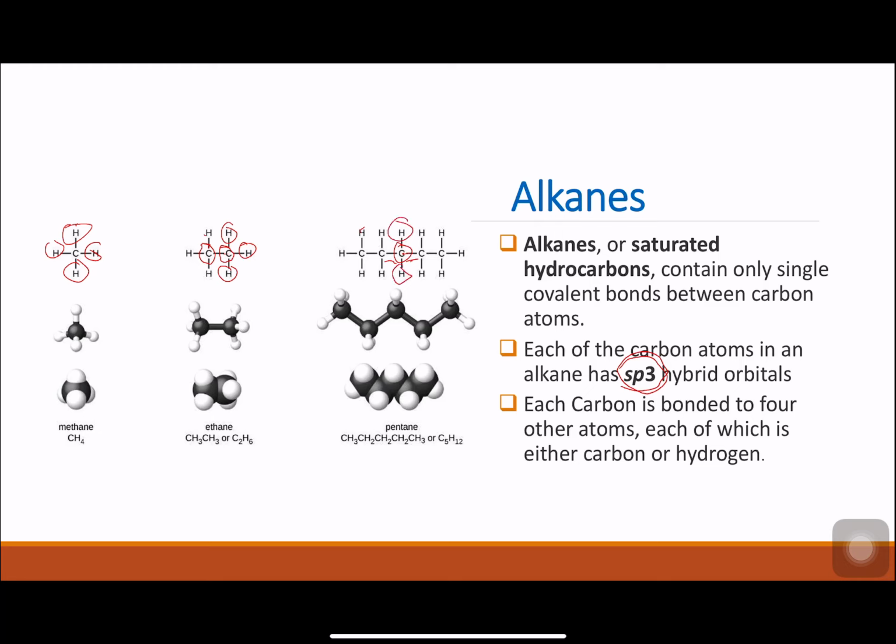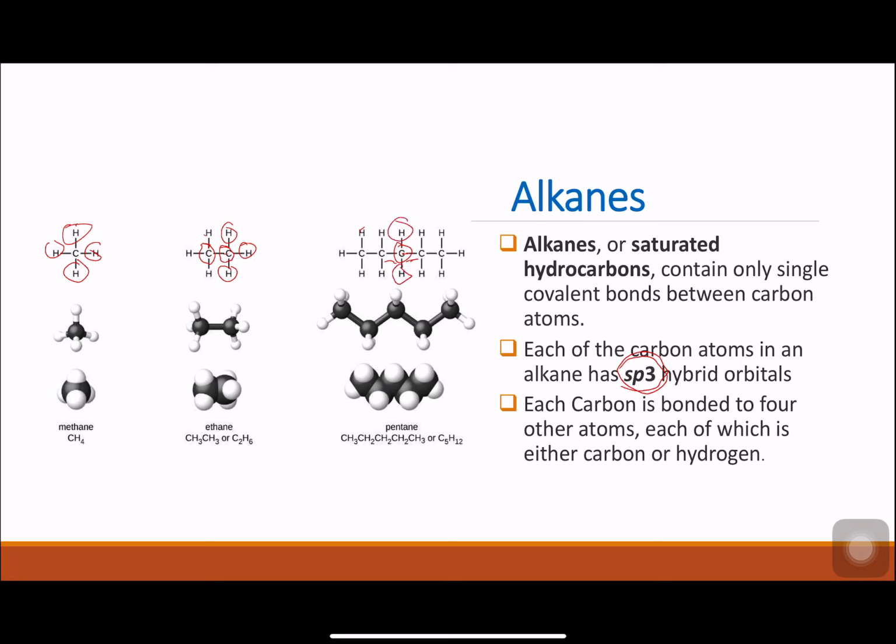So what about the prefix? The prefix is the same for alkane, alkene, or alkyne. The prefix refers to the number of carbons in the straight chain. If you have only one carbon, it's called meth.